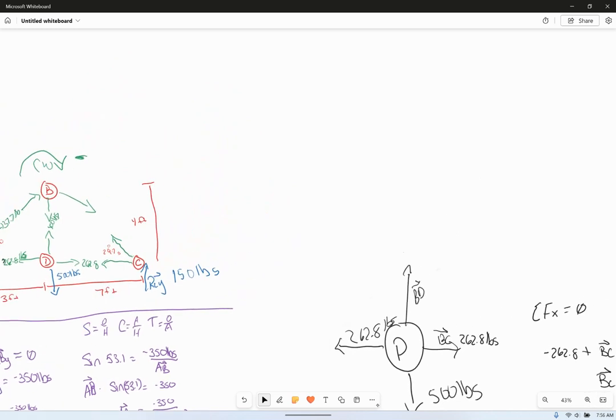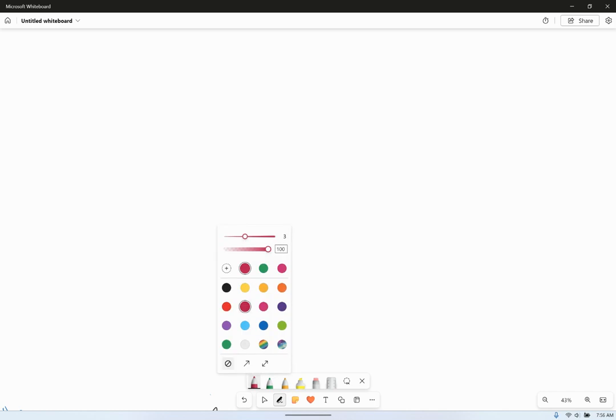So what we're going to do is create and solve for joint C. I'm going to put this into a different color. I'll make this a nice maroon for us. We're going to put everything we know about joint C. So here is joint C. I know at joint C, I have a go up force of 150 pounds.